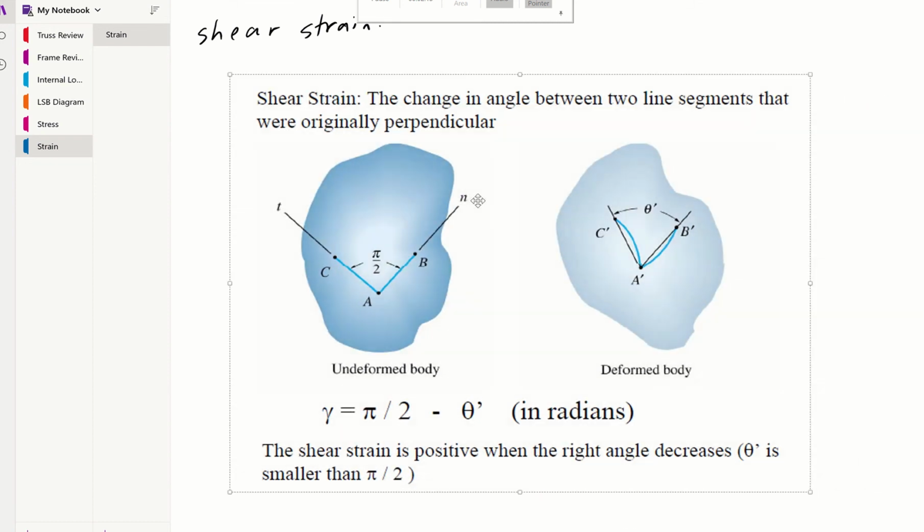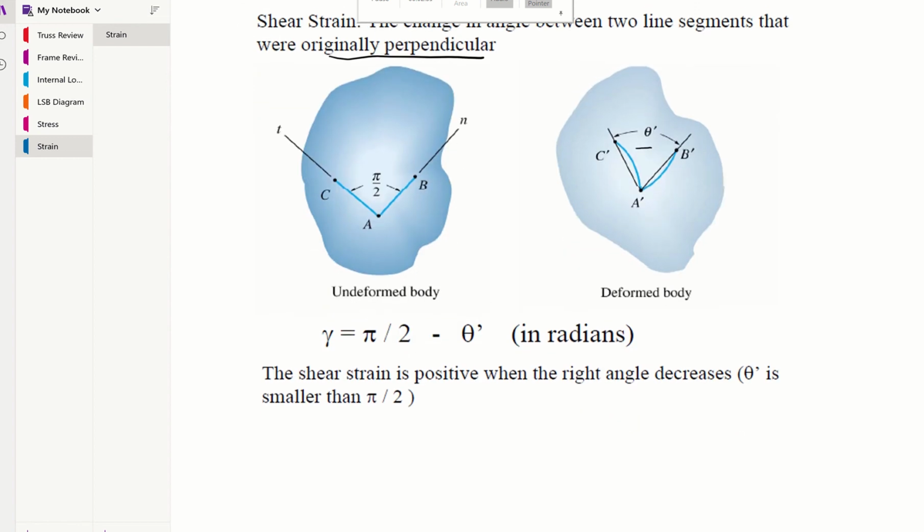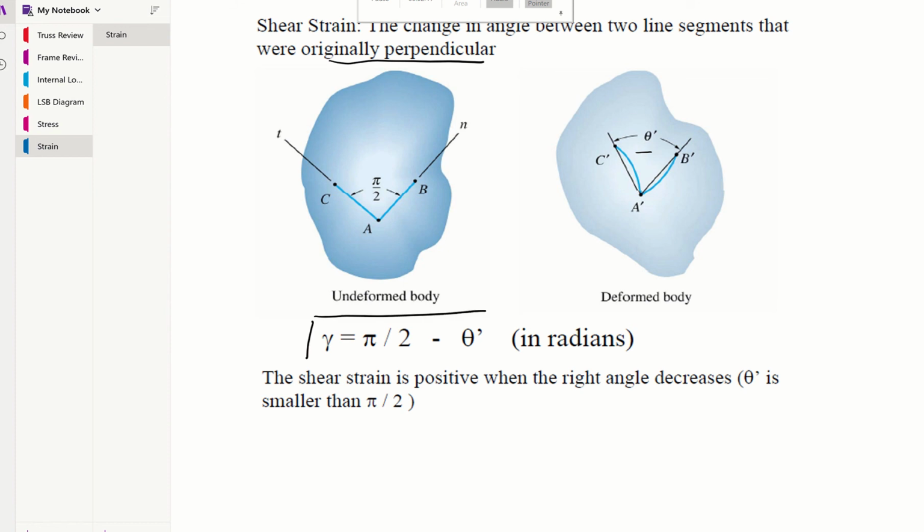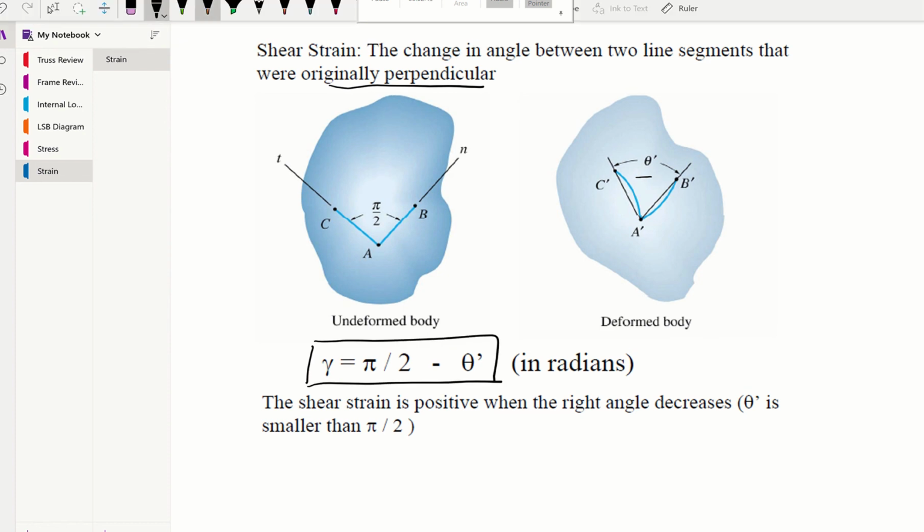For shear strain, you notice AB and AC used to be two lines that were originally perpendicular, and now they have been deformed and have this final angle theta prime, no longer 90 degrees. So the shear strain definition is equal to this. That's the definition for the shear strain.